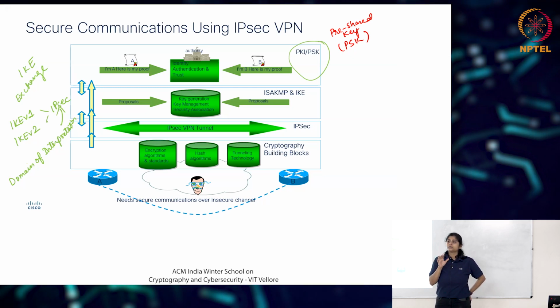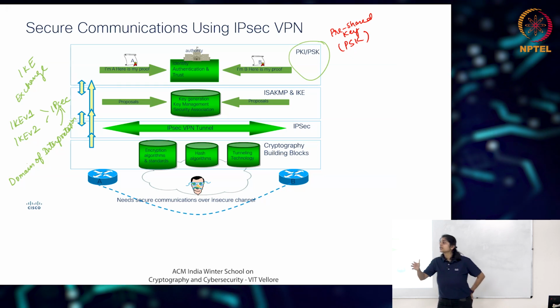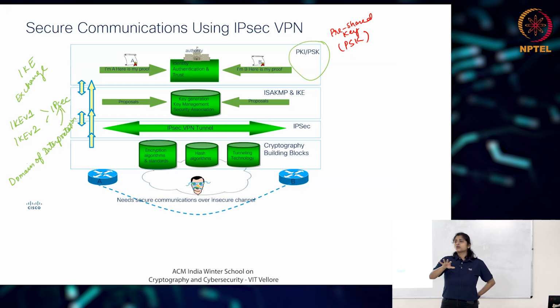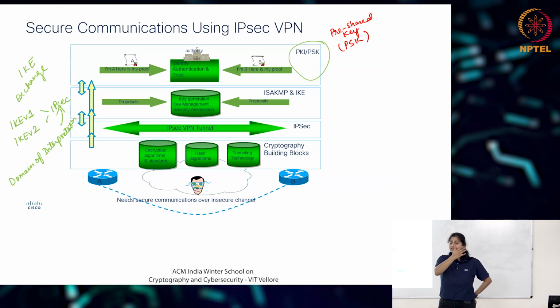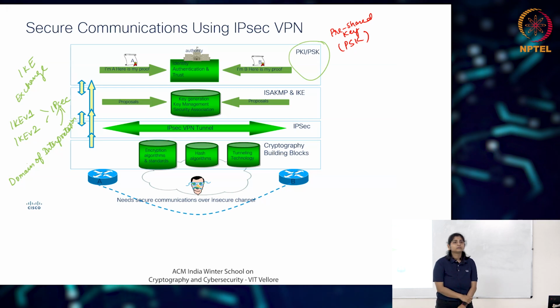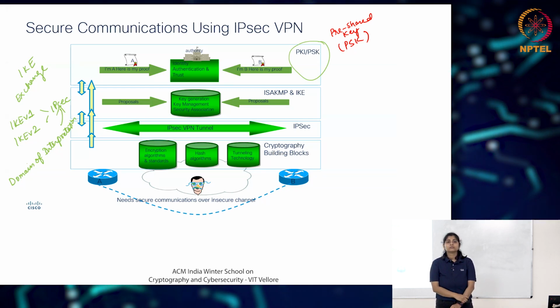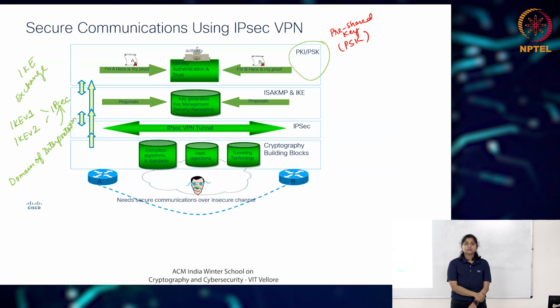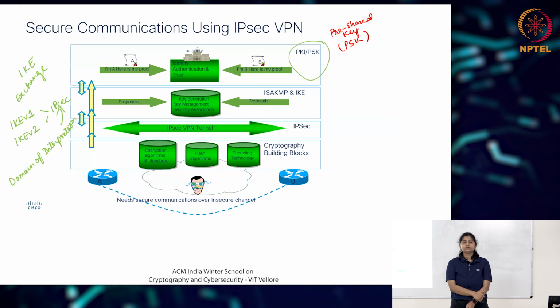Certificates. Okay, PKI is public key infrastructure, certificates. Why certificates? Why not just stop at PSK? No, that you will do in proposals, right? There's a proposal section for that.